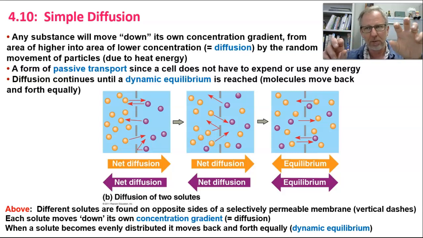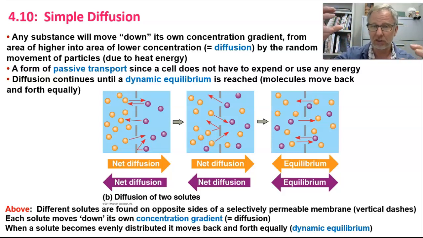But if there's more of them here than there, then overall more of them are going to be moving from high to low concentration than from low to high concentration. So just by sheer numbers, more will move from where they're more highly concentrated to where they're less concentrated. And that overall movement from high to low concentration is diffusion. That is diffusion.